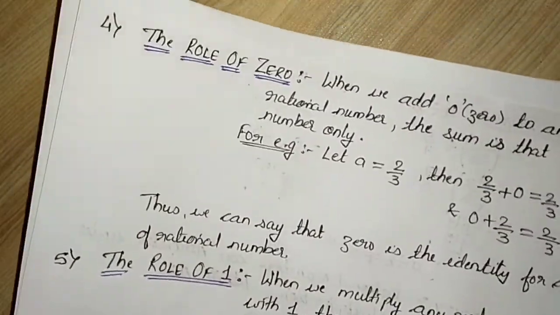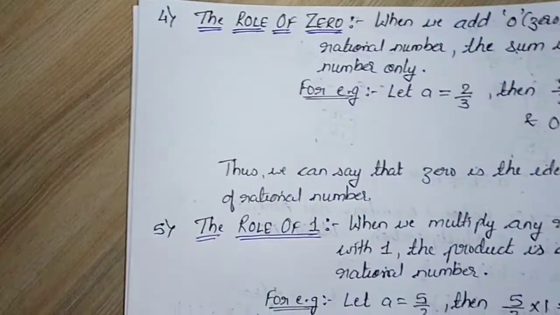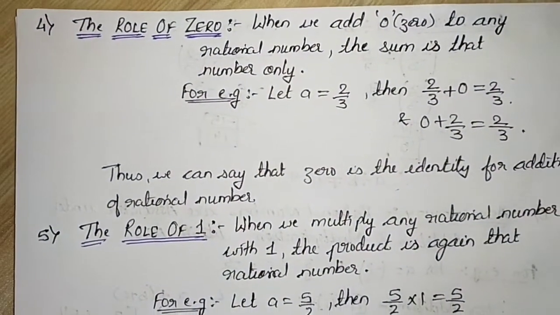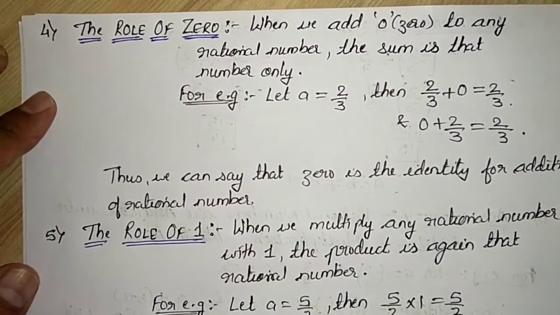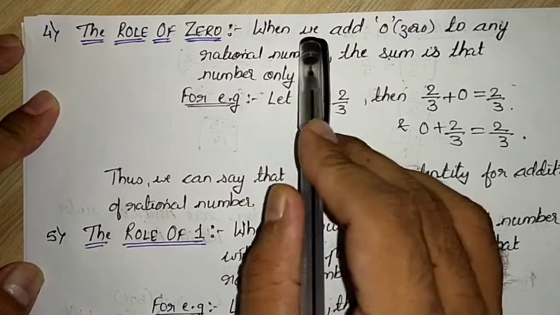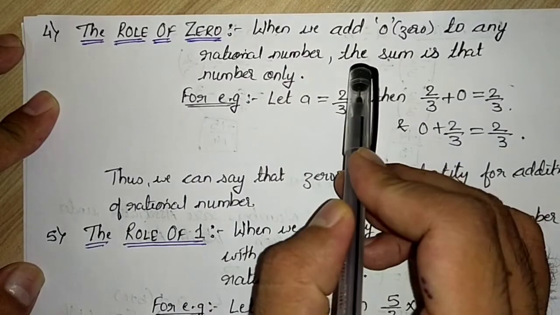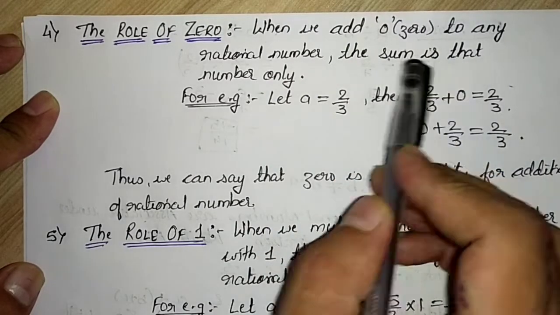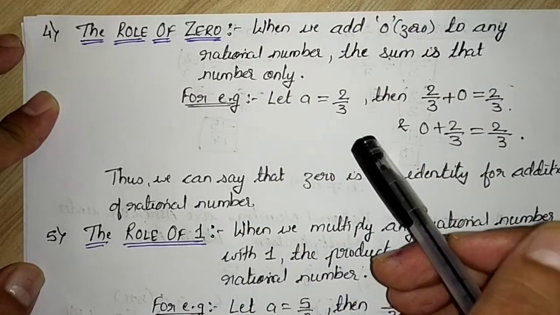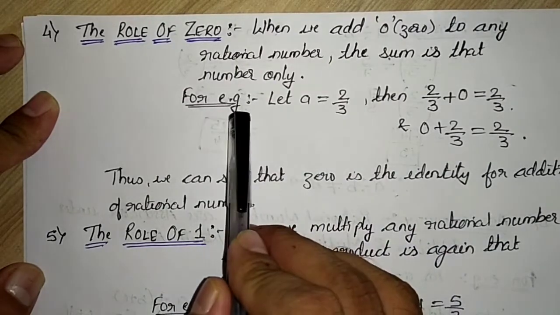Now students, let us move to the fourth property, that is the role of 0. Students, when we add 0 to any rational number, the sum is always that number only. If you have not understood, I have taken one example.